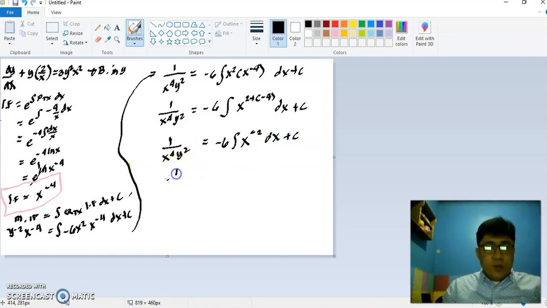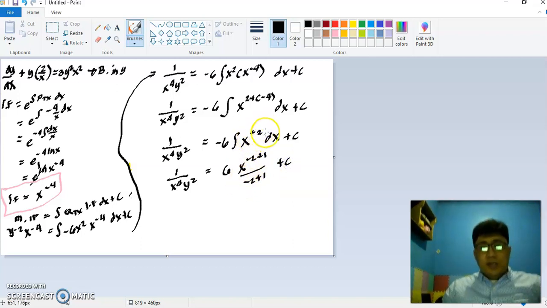So therefore, integrate this one, you have x raised to the power of negative 2 plus 1 over negative 2 plus 1 plus c. That's how we do the power rule, right? So plus 1 over that power.